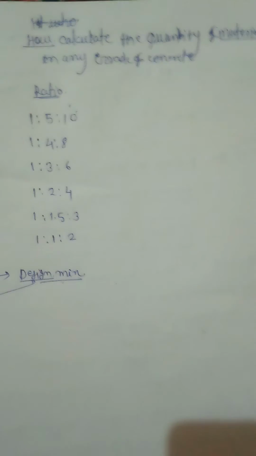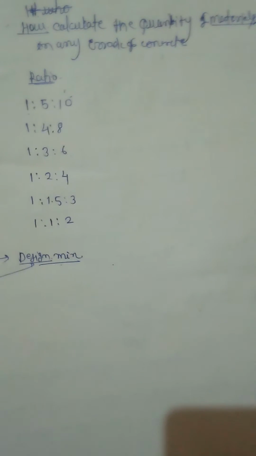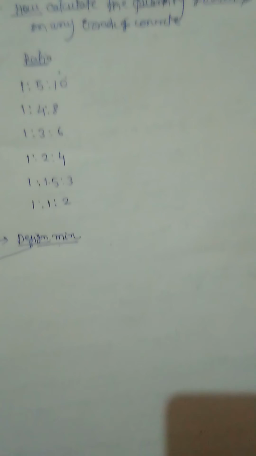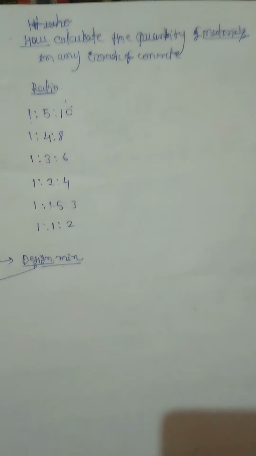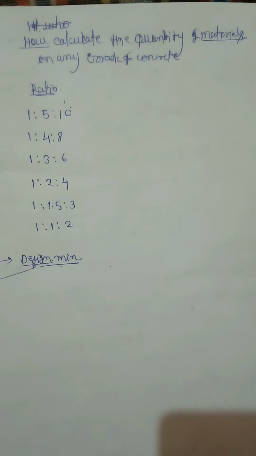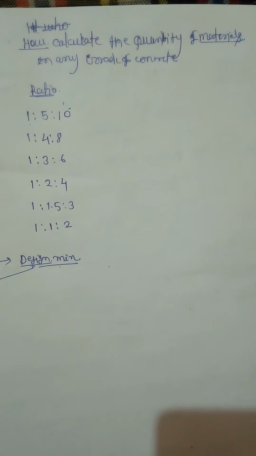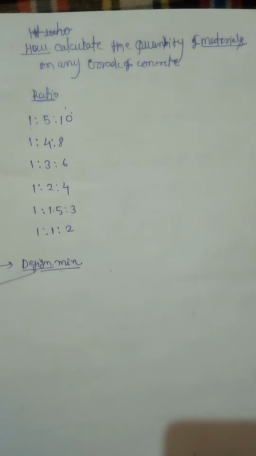So in this video we look only at M5 to M25 concretes and how to calculate their ingredient quantities in kg.